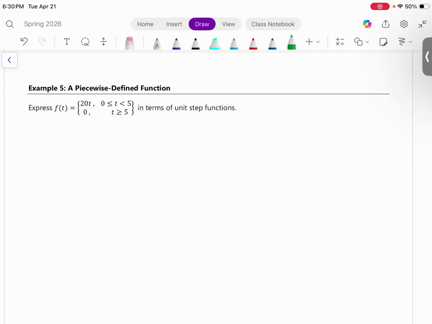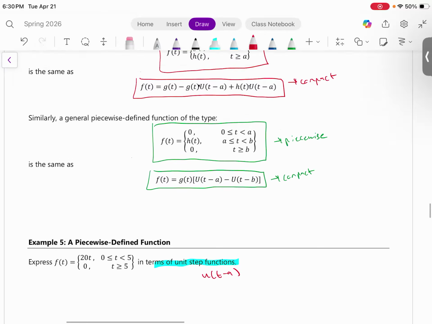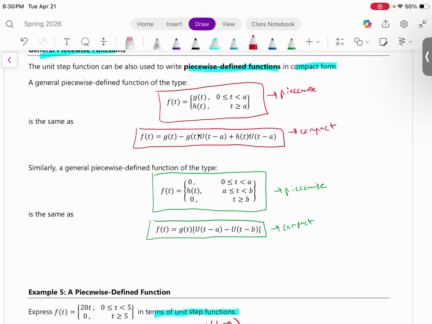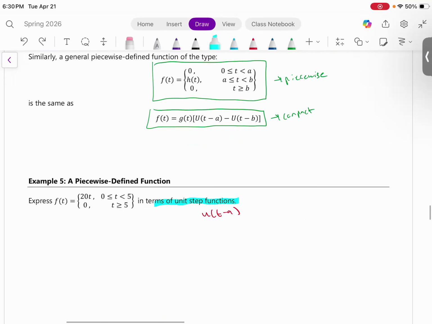We're going to use the formulas from the previous page to write this in terms of a unit step function, u of t minus a. Let's pick out a couple things. This looks a lot like this general piecewise setup right here, so we're going to use this.